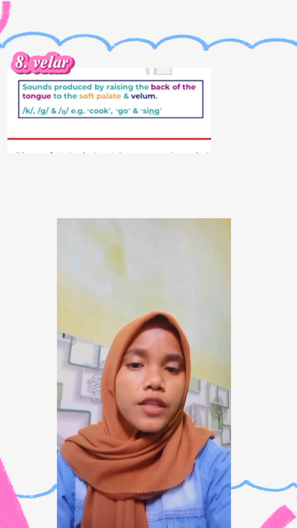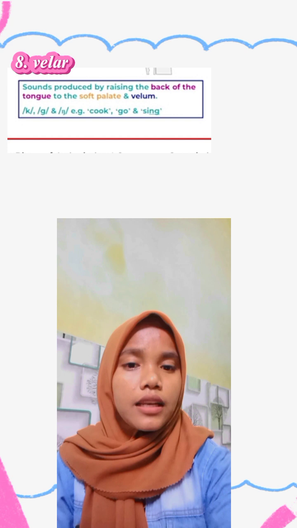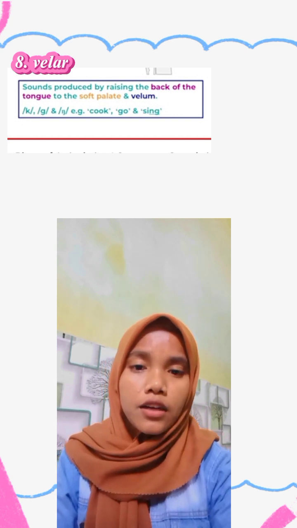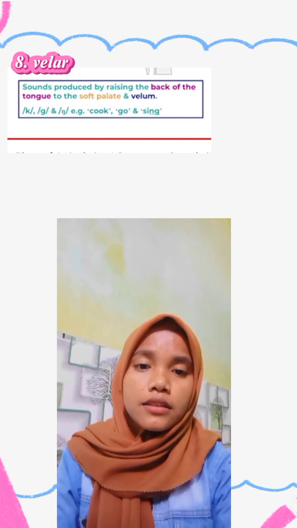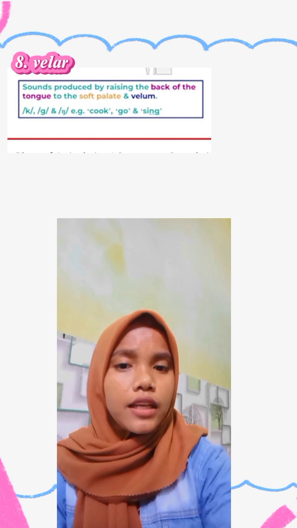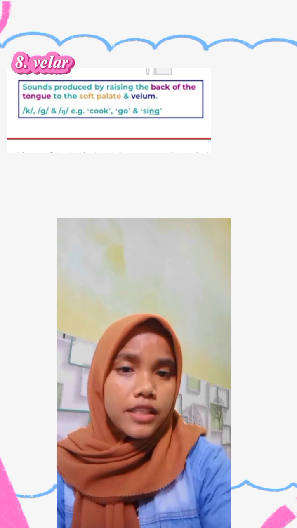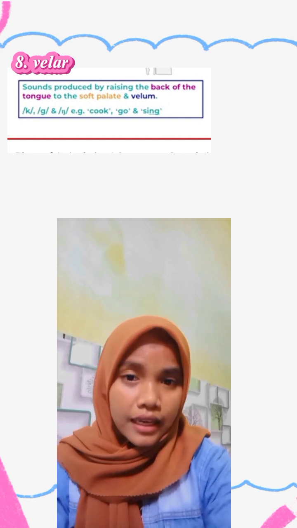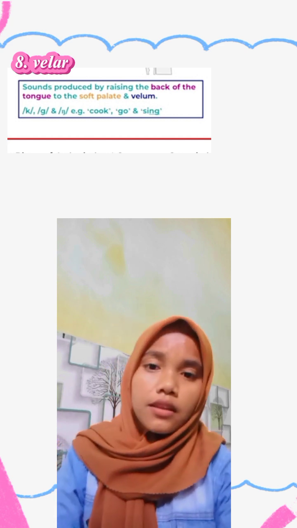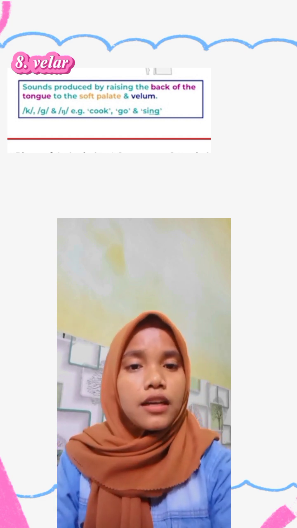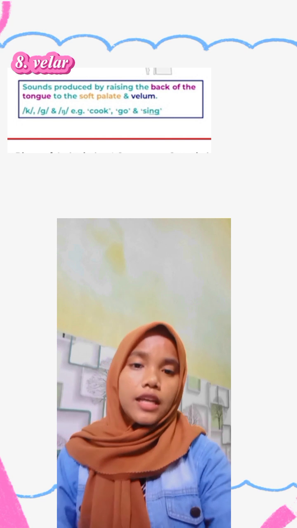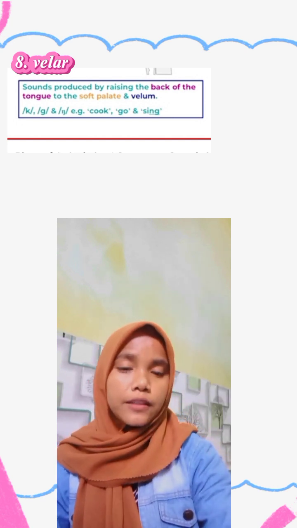It's not like the n which was formed again at the alveolar ridge. With the C, really, spelling, and G and K in English is formed right at the velar, a totally different place of articulation.